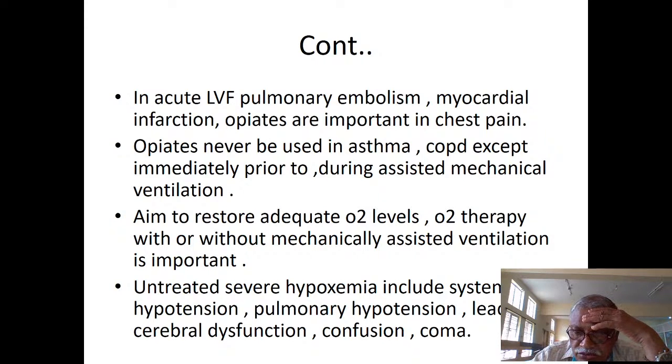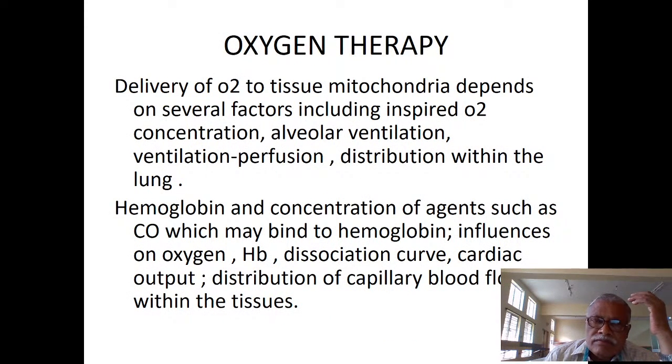Untreated severe hypoxemia includes systemic hypotension and pulmonary hypotension, and leads to cerebral dysfunction, confusion, and coma. Then how to treat a patient of respiratory failure?